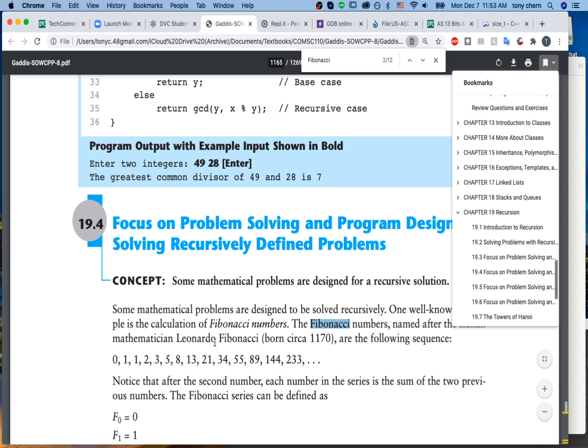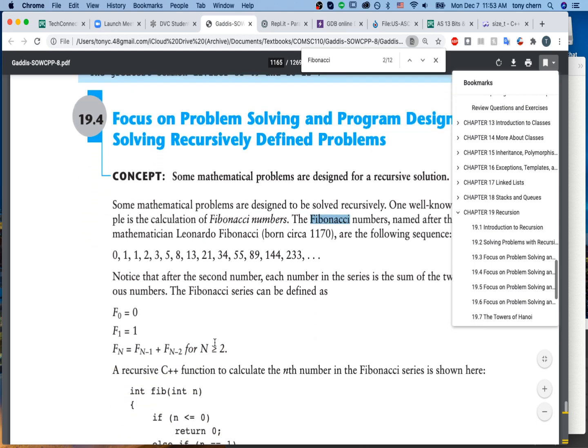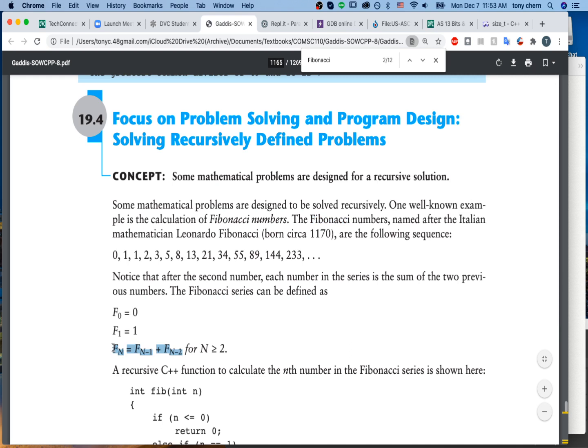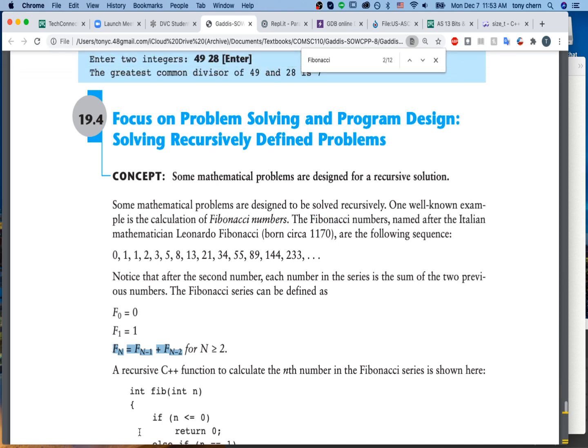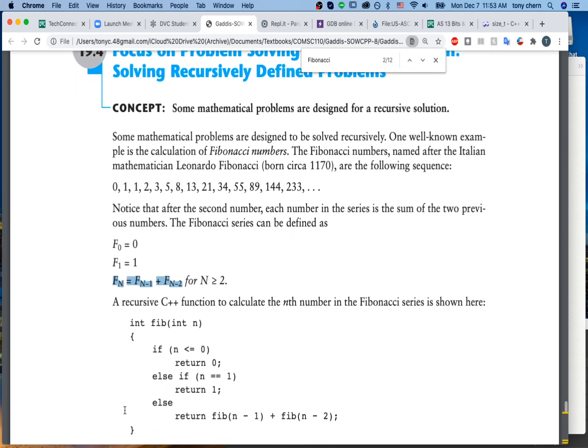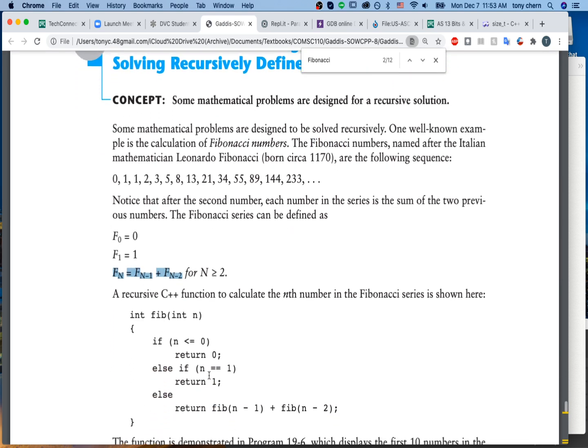So by recursion here, you know the number and how it's written. Fibonacci is called inside Fibonacci. It's kind of funny, but you have to be able to write recursion.